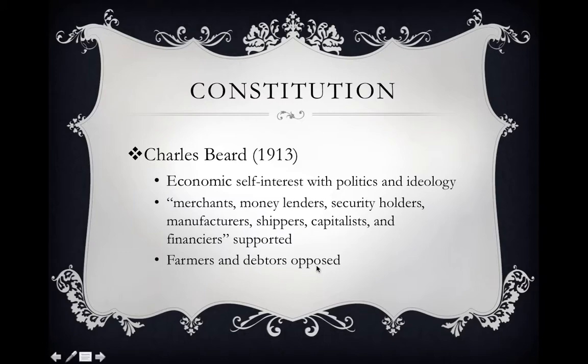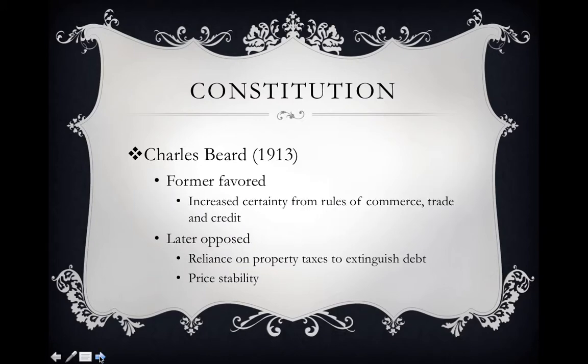So in an inflationary period, debtors are paying back what they owe in depreciated money. That debt becomes a smaller and smaller portion of their income. So debtors are generally pro-inflation. So anything in the Constitution that had elements of stabilizing prices, debtors would be opposed to.